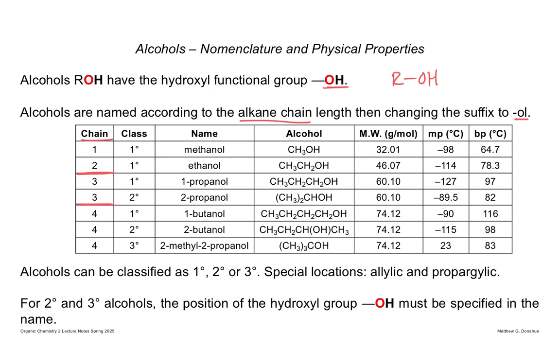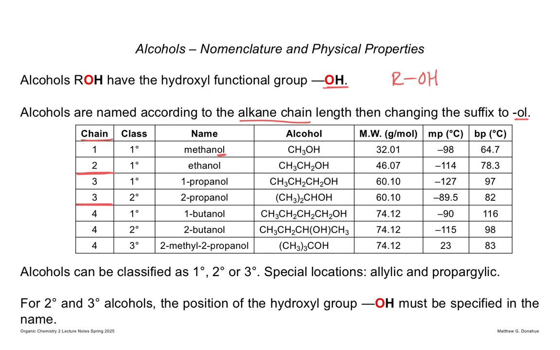So we have to specify where along the chain the OH group is, and then we can classify it as primary, secondary, or tertiary. From the name, methane becomes methanol, so pay attention to what the suffix of the IUPAC name is telling you.